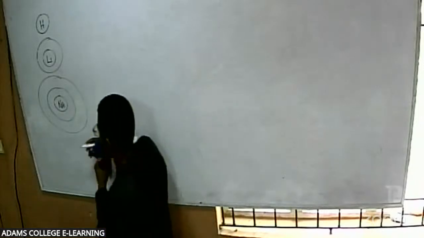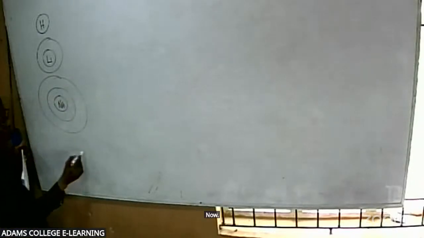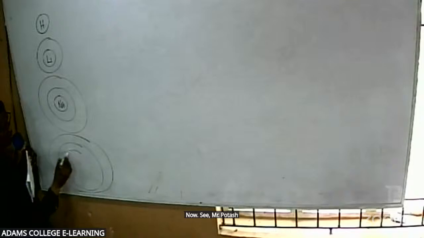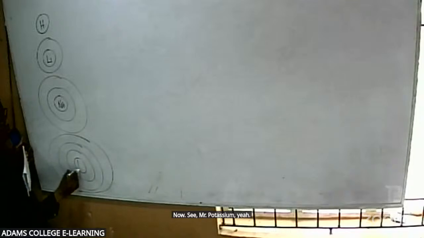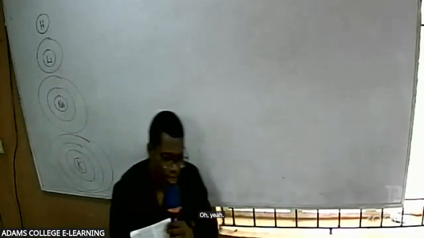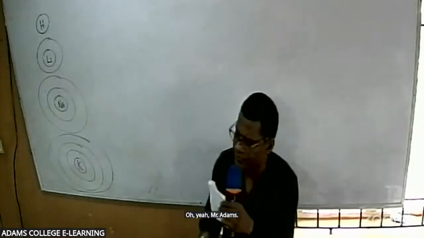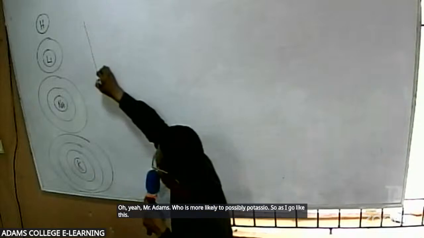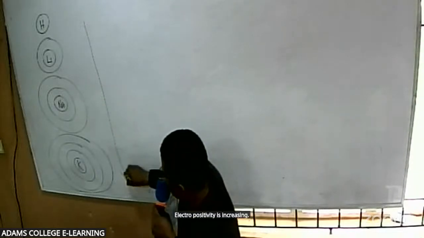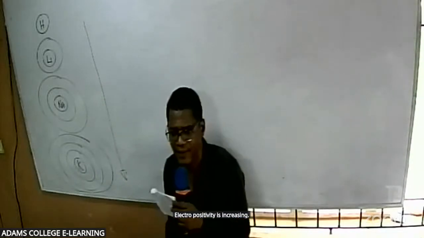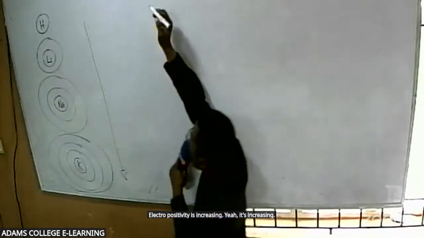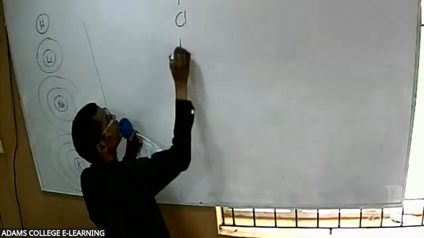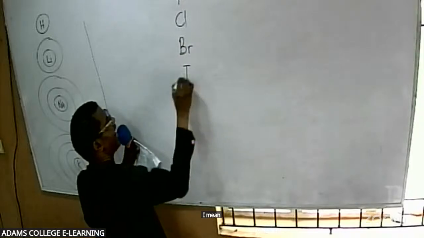Now, who is more electropositive, sodium or potassium? Potassium. So as we are going down, electropositivity is increasing. But look at the halogens: fluorine, chlorine, bromine, iodine.